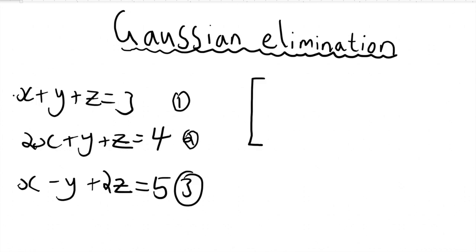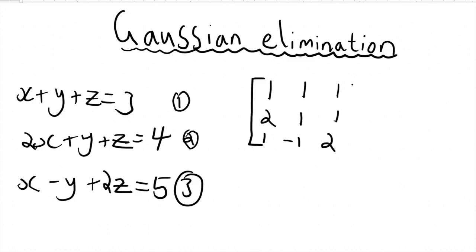So x has a coefficient of 1, so we write a 1. y has a coefficient of 1, so again we write 1, and z also has a coefficient of 1, so we'll write 1 here. If we then look at equation 2, the coefficient of x is 2, so we write a 2 here. The coefficient of y is 1, and the coefficient of z is 1. And then for the third equation, we have 1, minus 1, which is the coefficient of y, and then 2.